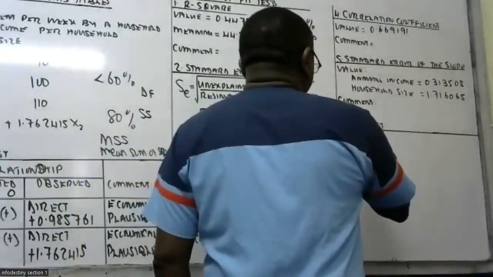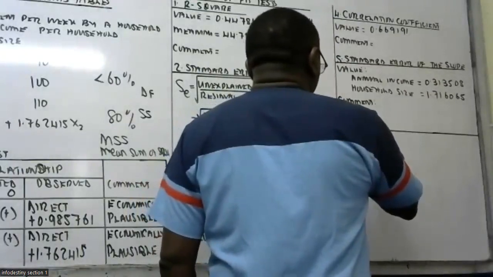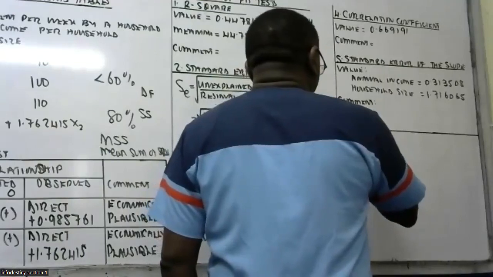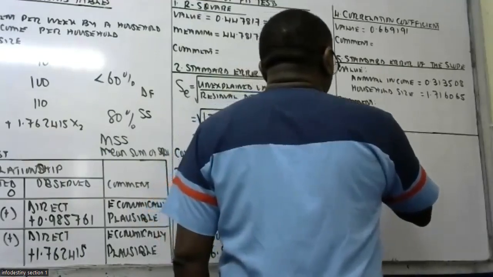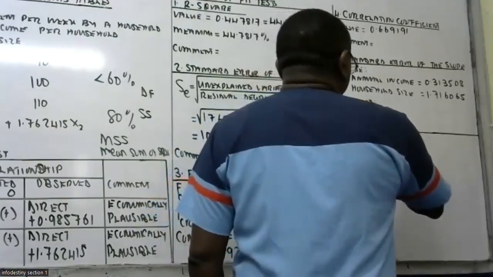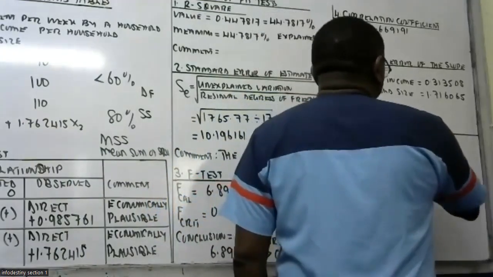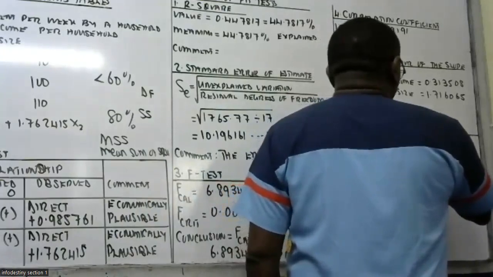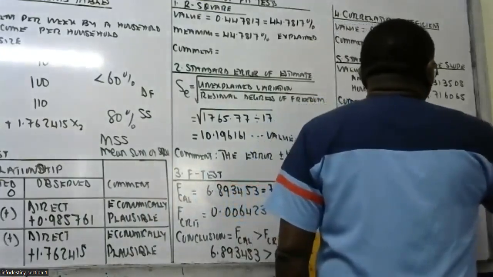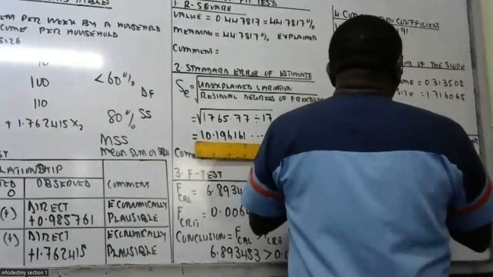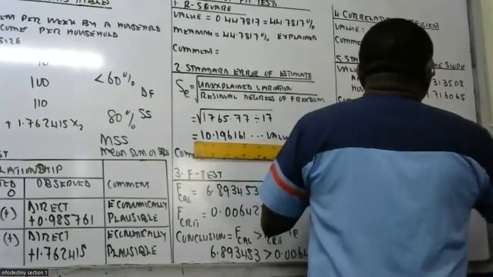We have the independent variable. We have t calculated. We have plus or minus t critical. And then we have comments.